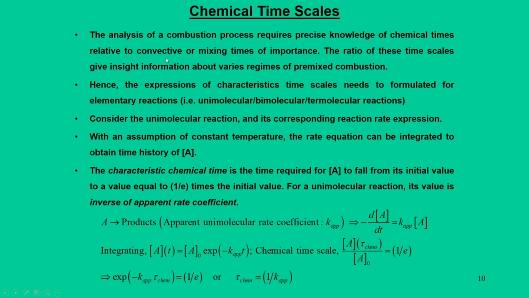The analysis of a combustion process requires precise knowledge of chemical times relative to the convective mixing times of importance. What it means is that combustion normally takes place either in a premixed mode or a diffusion mode, and the flame gets established and keeps propagating.